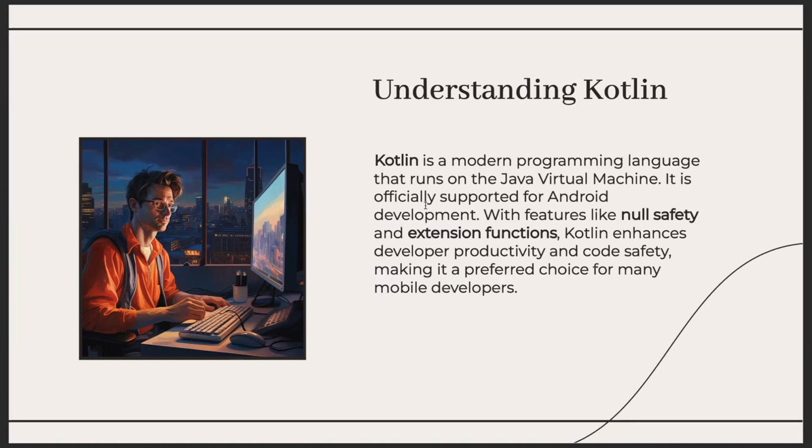Say for instance, Android: when you build a mobile application in native Android, what you have built natively for Android only runs on Android and is unable to run on iOS.